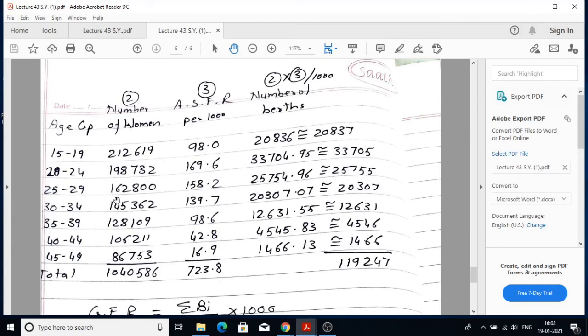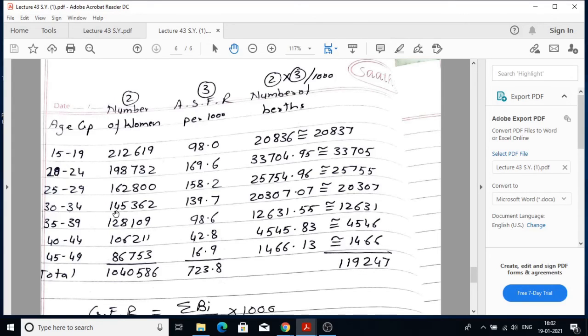Number of women values are 1,62,800. ASFR value is directly be given as 158.2. So number of births calculations are 2,25,754.96. So approximately 25,755.